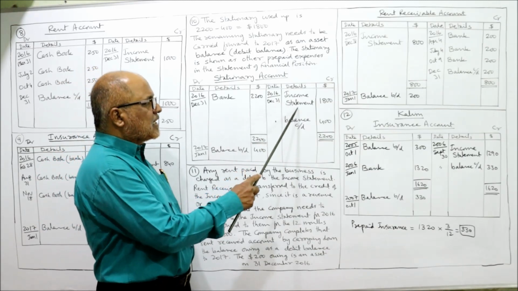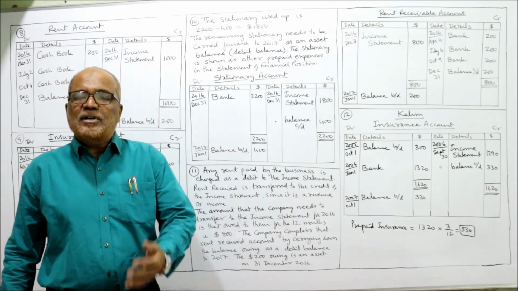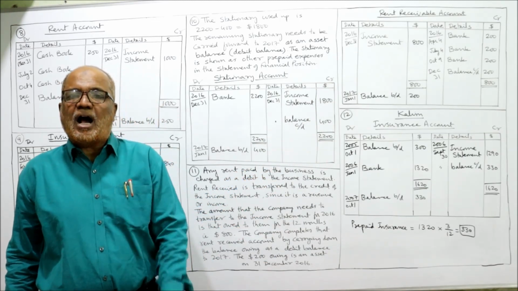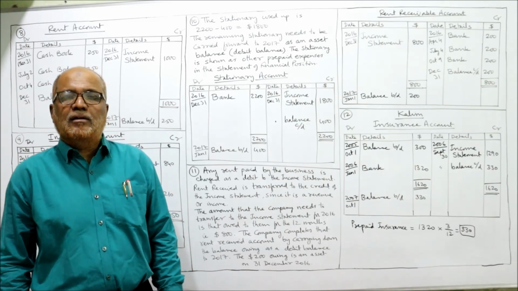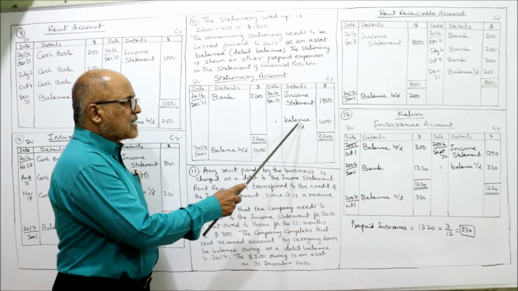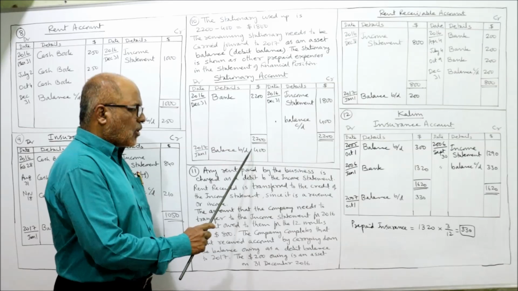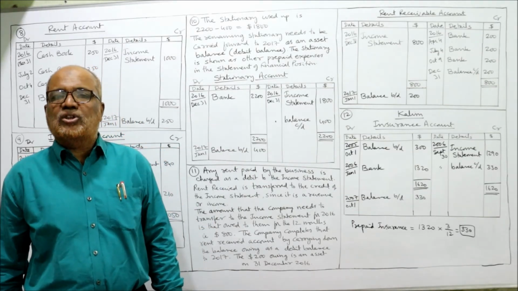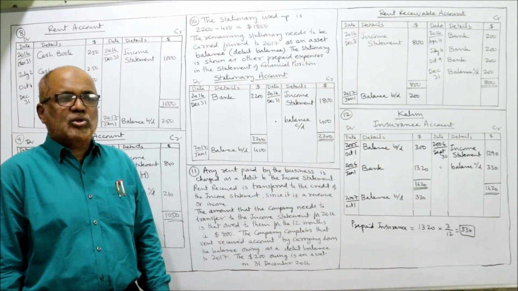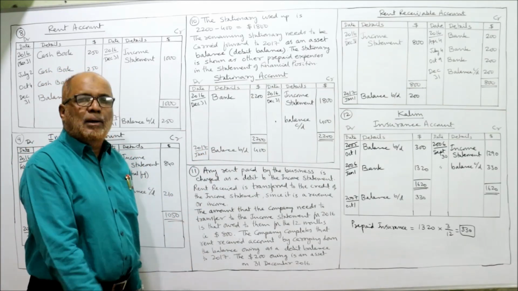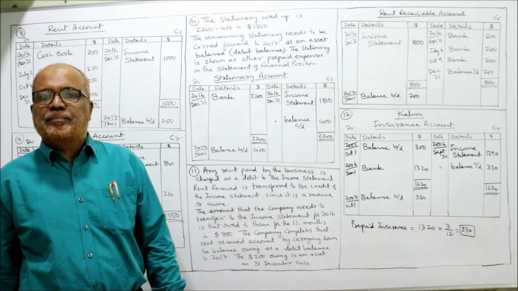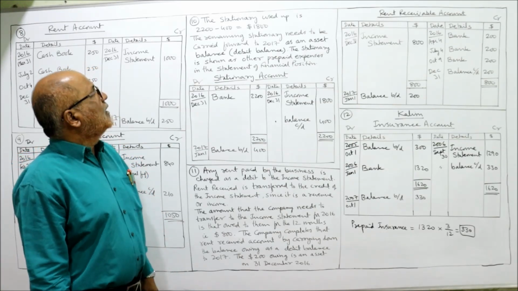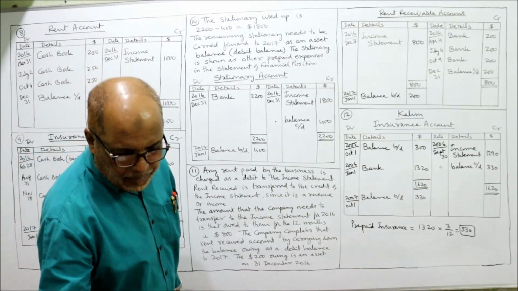So here income statement 1,800. How much is the balance in the stationery account? 400. So here balance carried down 400, then balance brought down 400. That means we still have $400 worth of stationery on hand. So the stationery account is showing a debit balance. It's an asset. That's it. This is the end of the 10th problem.